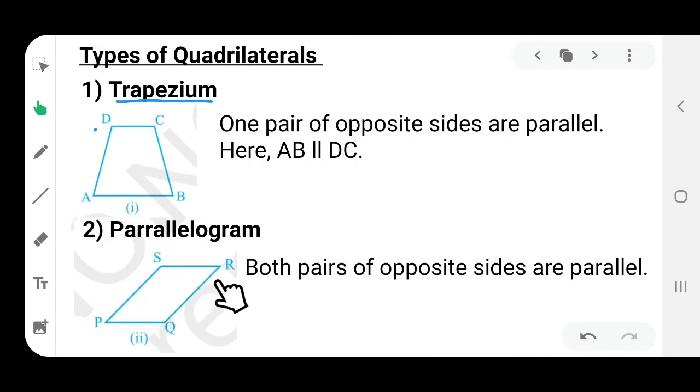Again, PS and QR are opposite to each other and they are also parallel. So this is a parallelogram. Okay, what is the difference between the two? In a trapezium, if at least one pair is parallel, then that is a trapezium. In a parallelogram, both pairs of opposite sides must be parallel to each other. So that is what a parallelogram is.